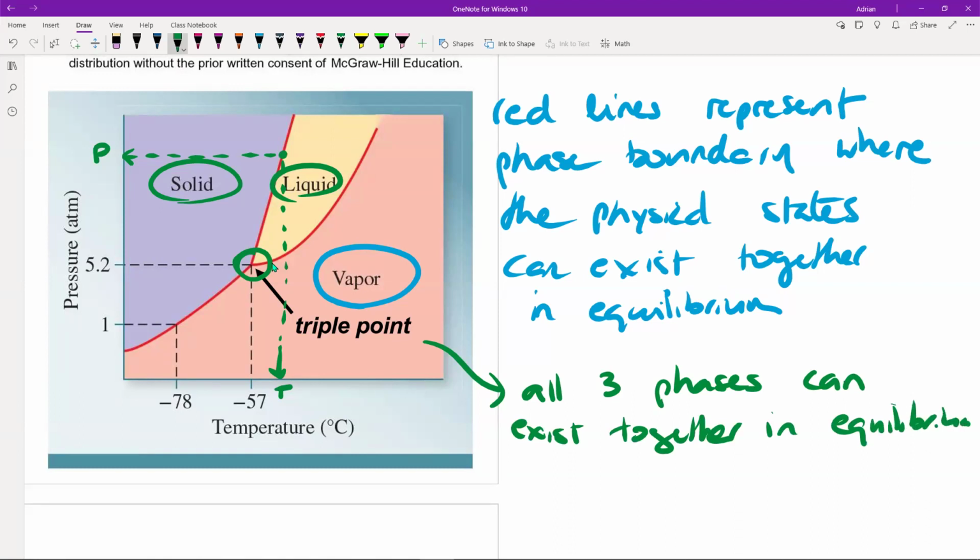So there's a particular pressure and temperature associated with that triple point as well.